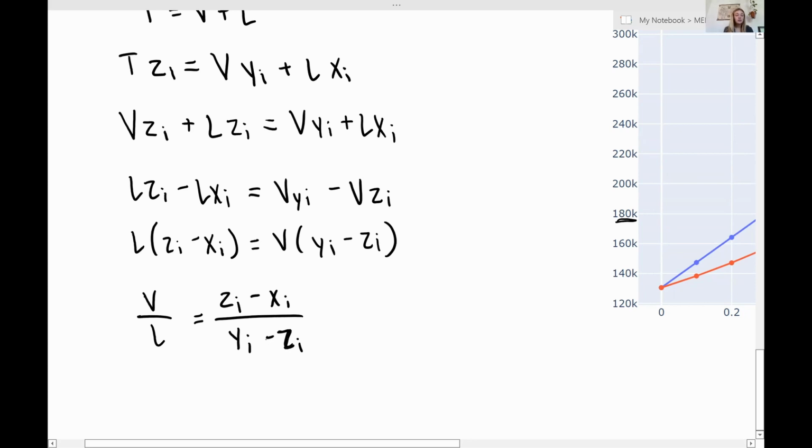So this is going to be our lever rule, where we have our mole fraction of our component in the feed minus the mole fraction in the liquid phase for our V, and that's going to be divided by our mole fraction in the vapor phase minus our mole fraction in the feed.